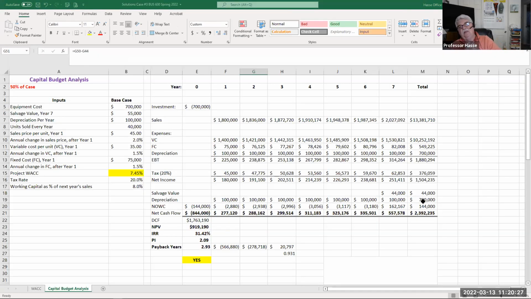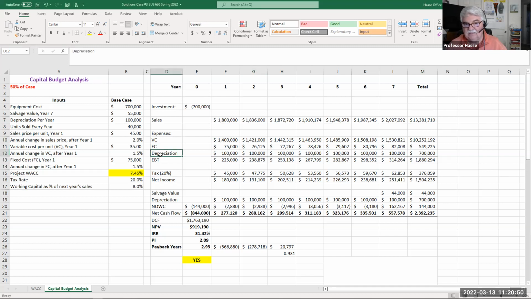And finally, for the ending of our weekend video for today, here's your case number 3 solution, which is in your case number 3 file folder. This can be your template for the electrics case. You just have to add one more column for year 8. You have to add one more line for warranty cost.